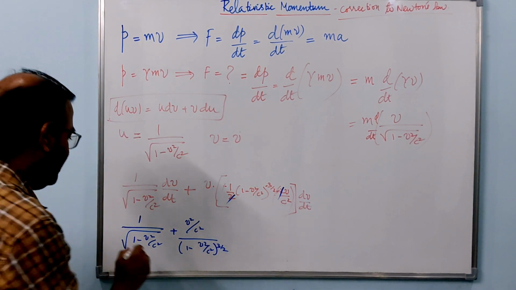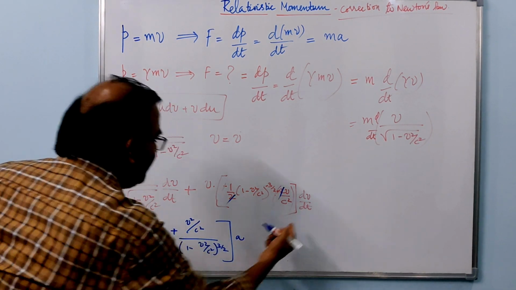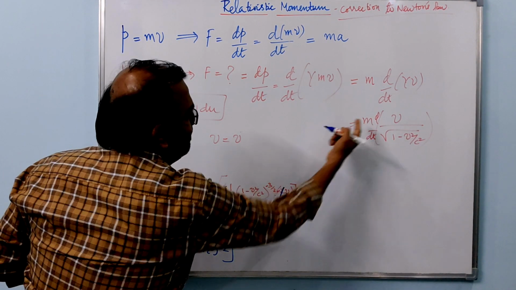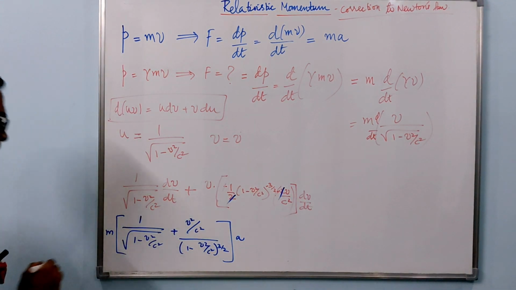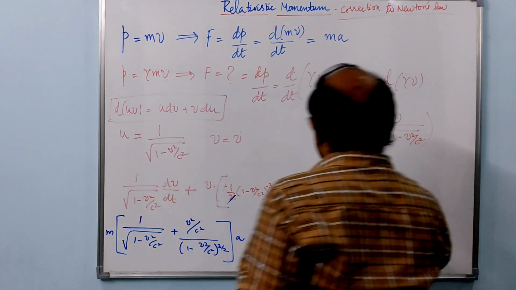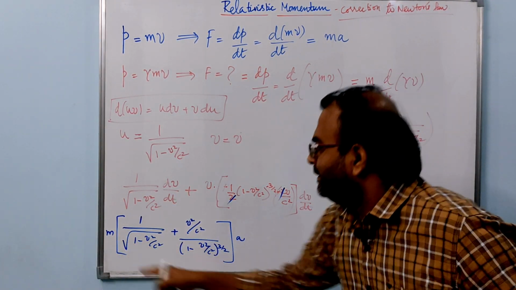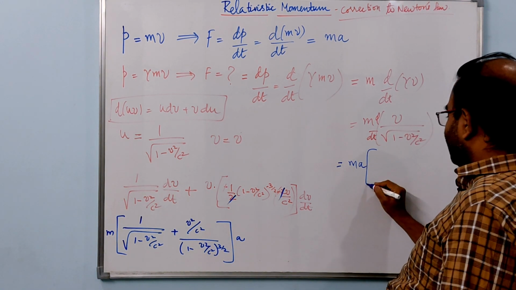The whole thing is multiplied by the acceleration dv by dt, and there is already a mass outside, so we have that retained here, and our expression is now mass times acceleration times this factor.